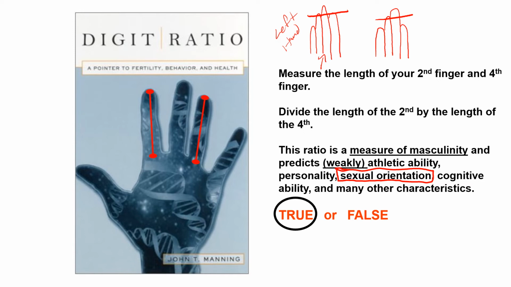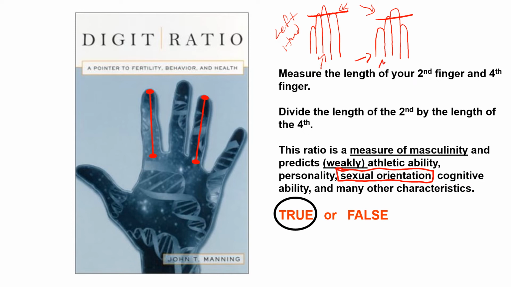testosterone in the womb. And I say it's a sex difference because for most biological female individuals, it'll be like this one over here. For most biological males, it'll be like this one over here. But that's not universal because some females experience more testosterone in the womb, and they will then be like the one on the right.